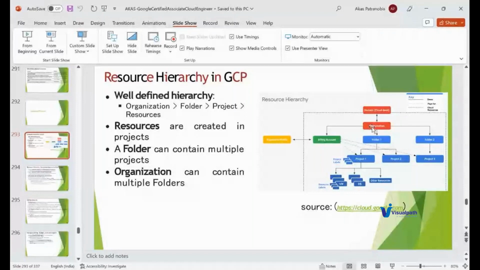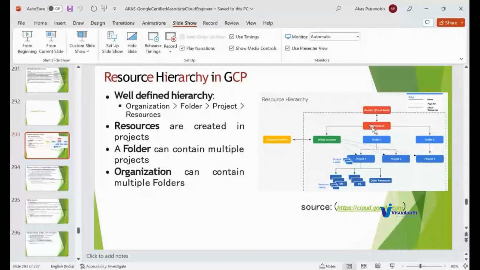Organization, then a folder. You will have control of the organization, not much on the folder, and then comes the major part, which is your project. In your organization, let's say retail can be termed as one of the folders, and under retail you will definitely have multiple projects, like a project on Java, a project on .NET, retail customer A, retail customer B, retail customer C. That is where you start defining your projects, and you will have to create your projects.